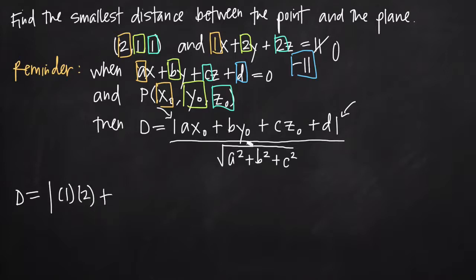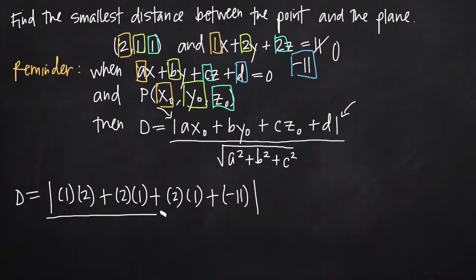Then we get b times y sub 0, so we have b, which is equal to 2, and y sub 0, which is equal to 1, so 2 times 1. Then we have plus c times z sub 0. c is equal to 2, and z sub 0 is equal to 1, so we get that there. And then we have plus d. So we have plus a negative 11 because we know d is equal to negative 11.